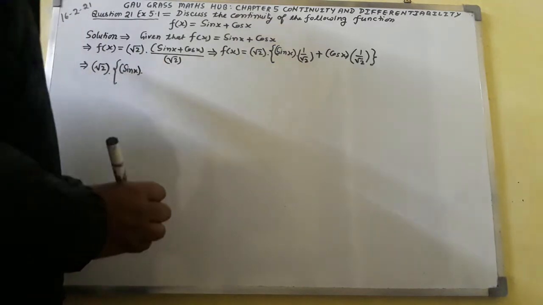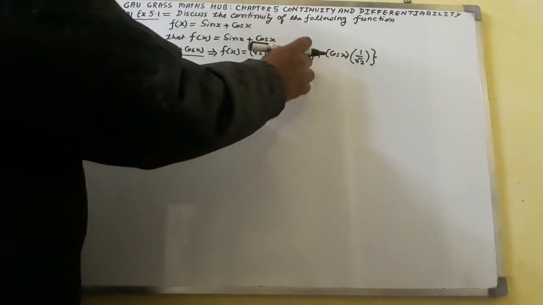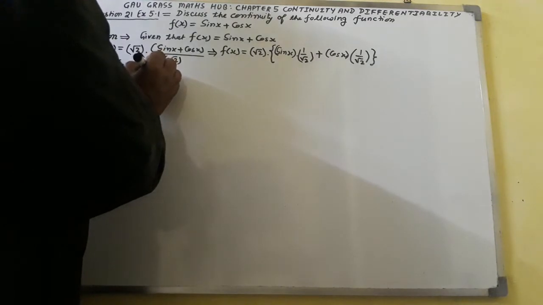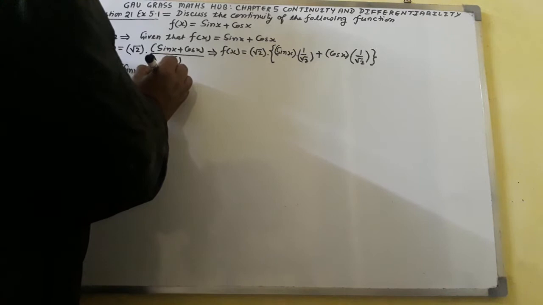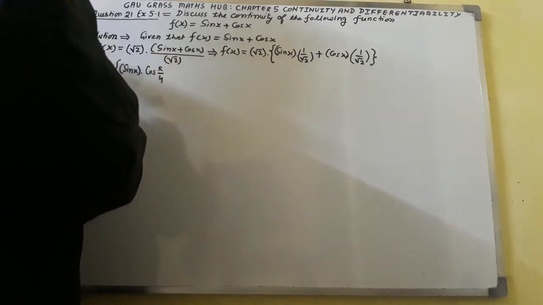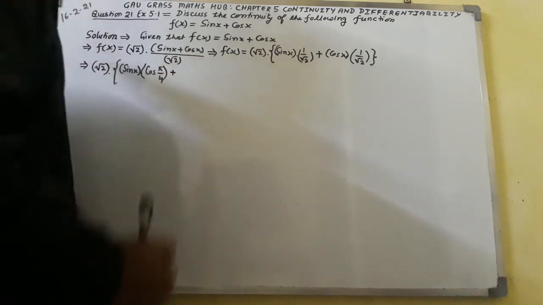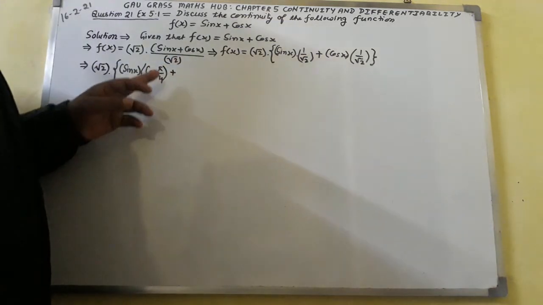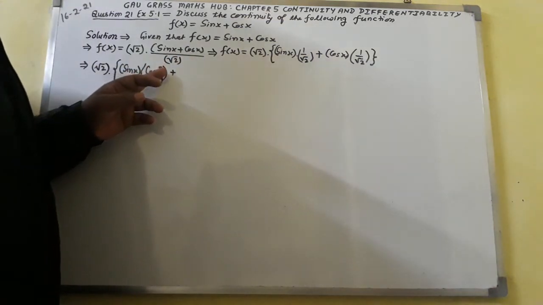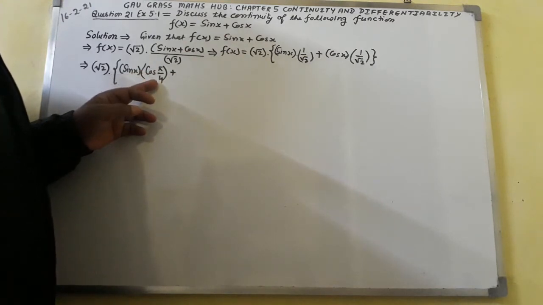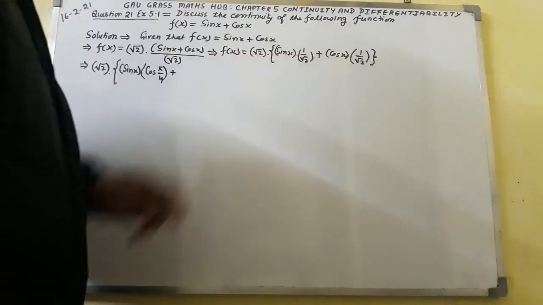Now 1 over under root 2 comes out to be cos pi by 4. Cos pi by 4: pi means 180 degrees, 180 over 4 comes out to 45, and cos 45 degrees is equal to 1 over under root 2.